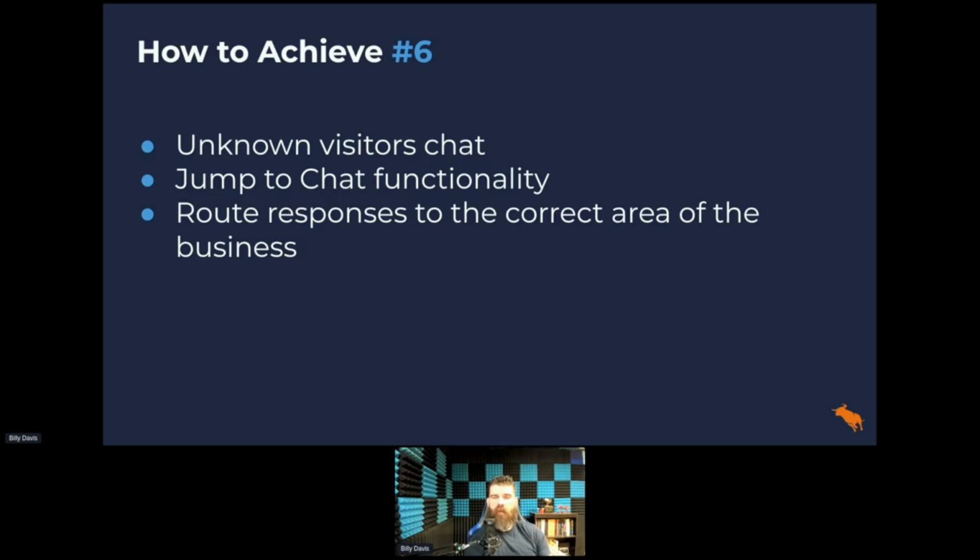Then your marketing person or whoever does your admin isn't left distributing or making that decision. You can let automation create your own branching, your own tree, so to speak, to get responses to the correct area of the business as quickly as possible.